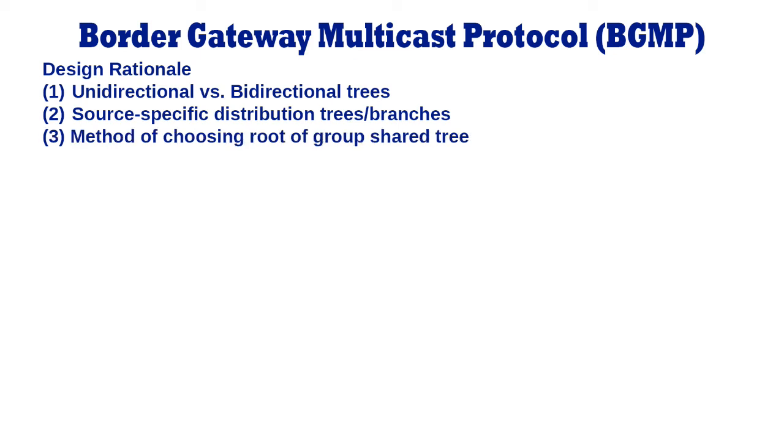And third is the method of choosing the root of the group shared tree. The choice of a group's shared tree root has implications for performance and policy.